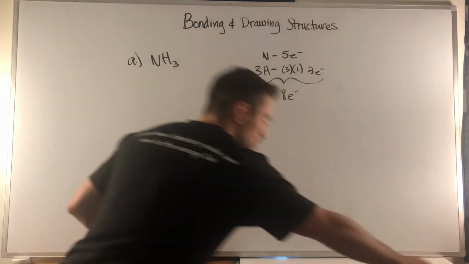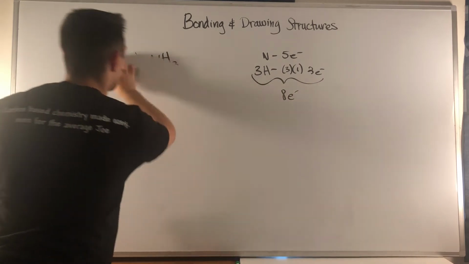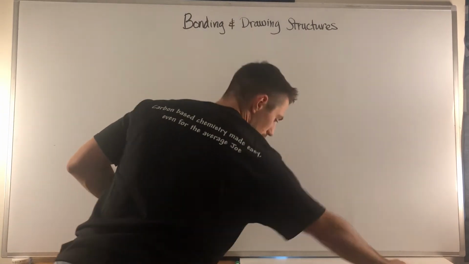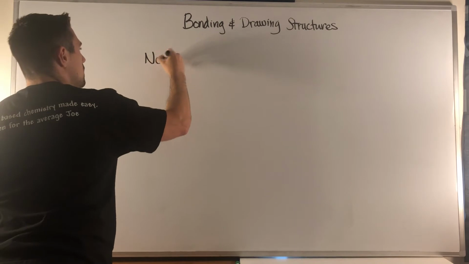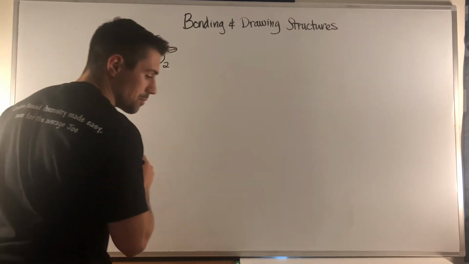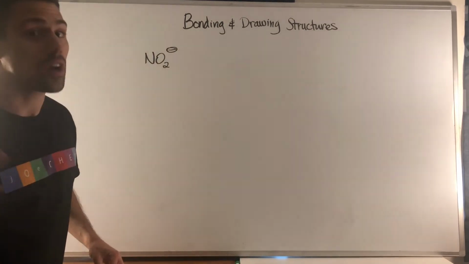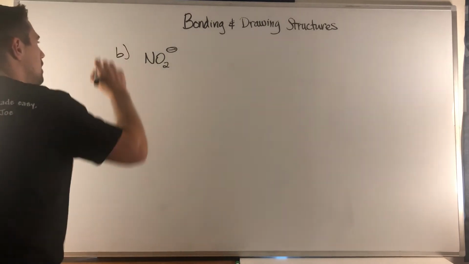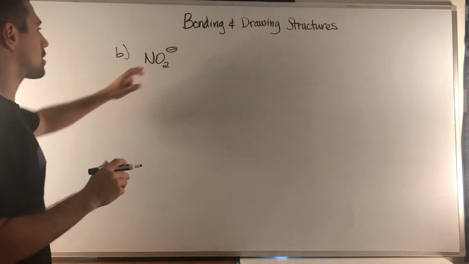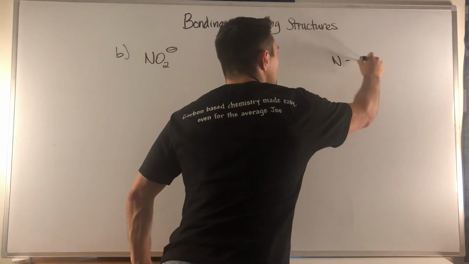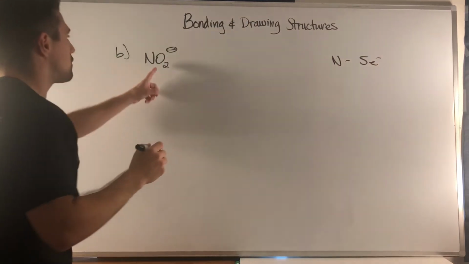Okay? So, moving right along. Nitrite. So remember, that minus charge is going to come into play. This is B. So again, let's see how many electrons we're working with. Nitrogen brings 5 to the table. We have 2 oxygens.